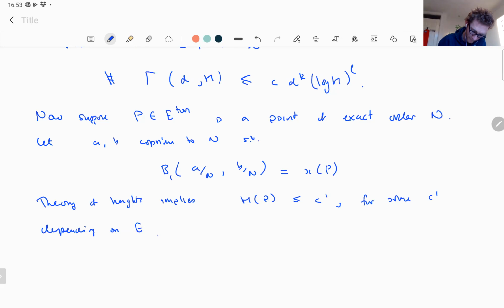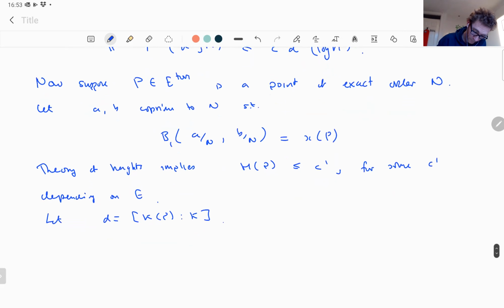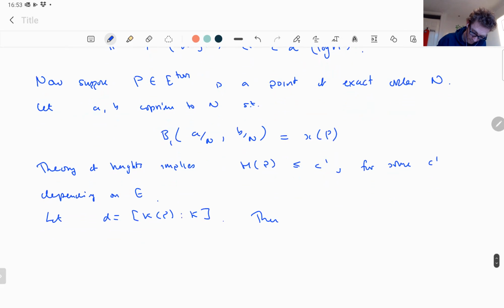So what do we get? Let d be the degree of p. Then a over n, b over n, x of p is in our set gamma.